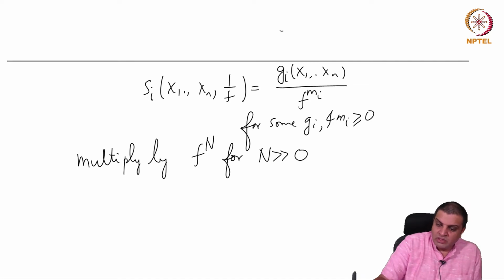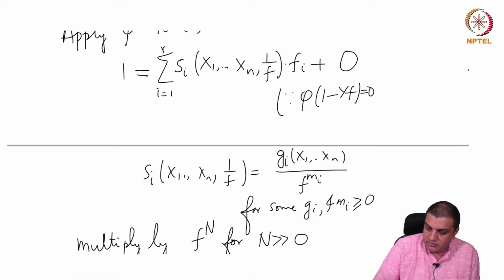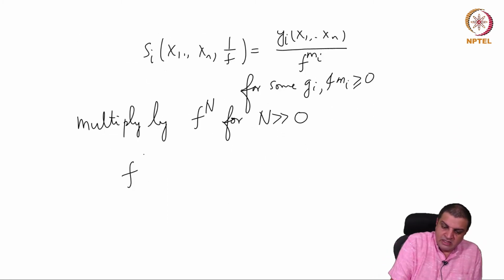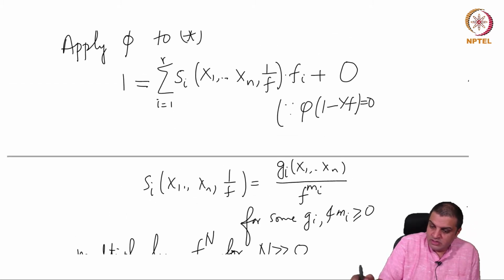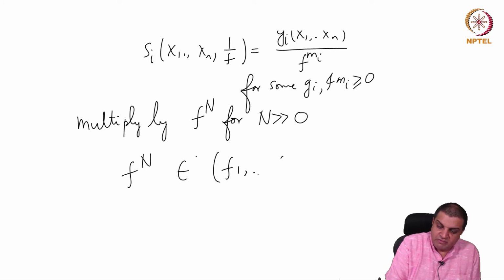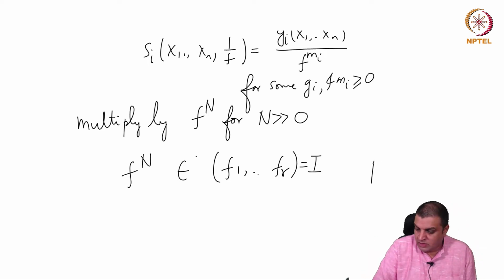That would clear all the denominators which have powers of f in the denominator, and then we would get f to the n is some combination of the gi, and however many f's were multiplied, times fi. So this is in the ideal generated by f1 through fr, which was I. So this is the proof.